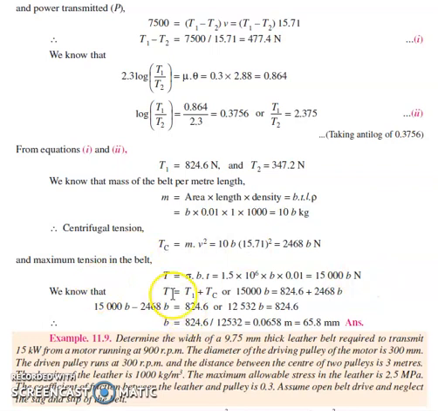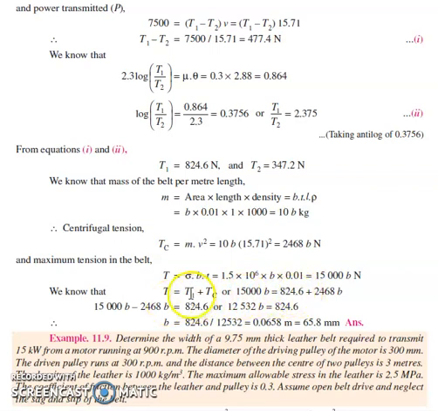And now the tension is equal to, there are two different tensions. T1 and T2 are the two different tensions at the tight side and slack side, plus the tension from the centrifugal effect gives you the maximum tension T, which we can write in terms of b to identify what b is.